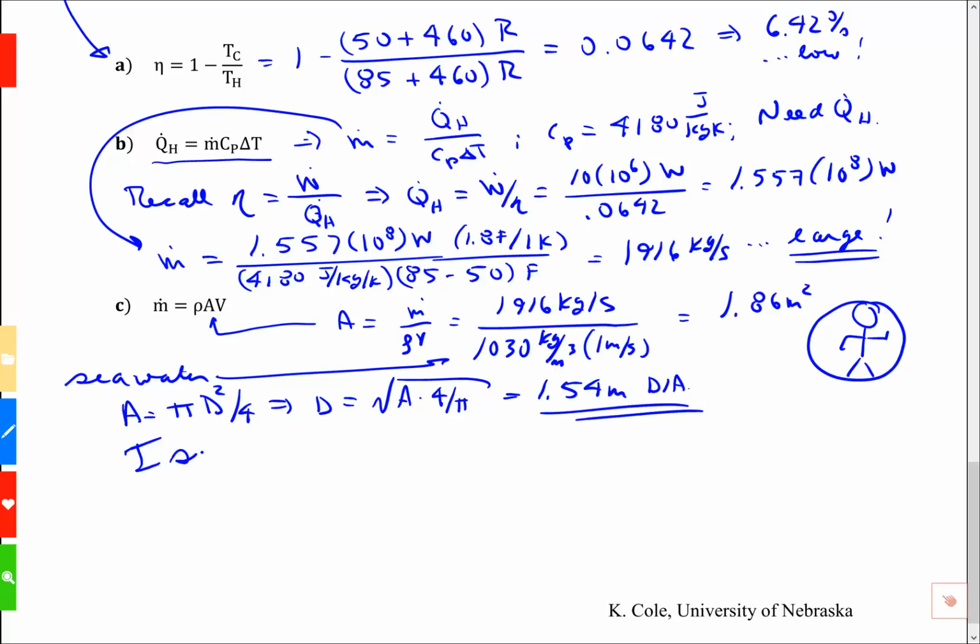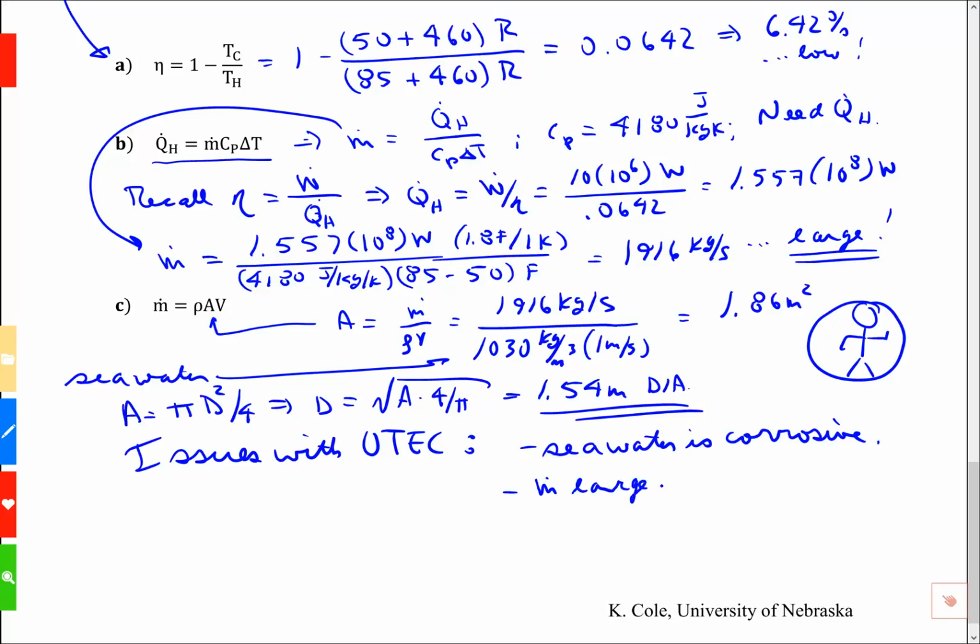There are a couple of issues with ocean thermal energy conversion. One is that seawater is corrosive. So there might be some material issues here. Certainly, you have to choose the right materials that might add to the expense. The mass flow is large.